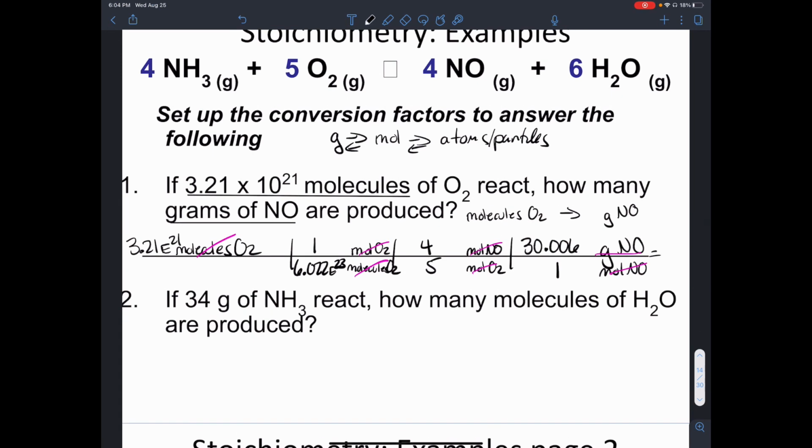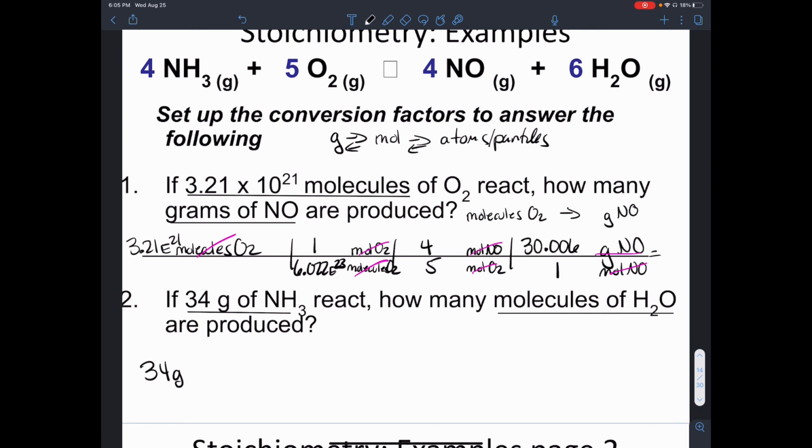Let's try one more together, and then you try the homework. If 34 grams of ammonia react, how many molecules of water are produced? So you can try the railroad method, or you can write the individual fractions. Either way, you'll start with the given number.